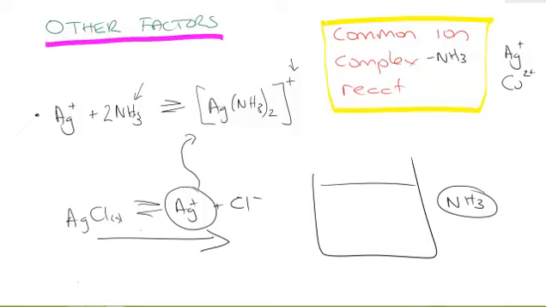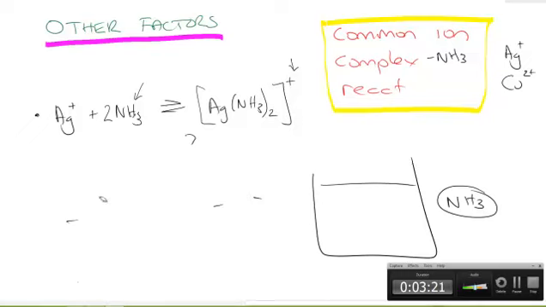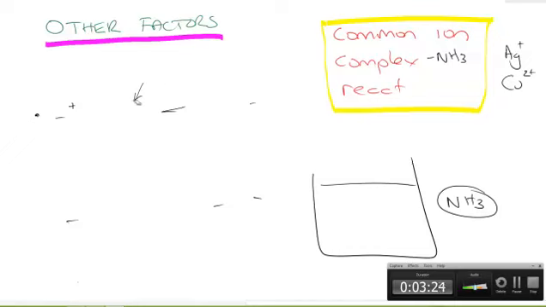Okay, now ammonia can form complexes with other things, and the reality is in NCEA you're only going to be asked for questions and examples where ammonia reacts with something, or forming a complex I should say. So if it was copper, it could form a complex.